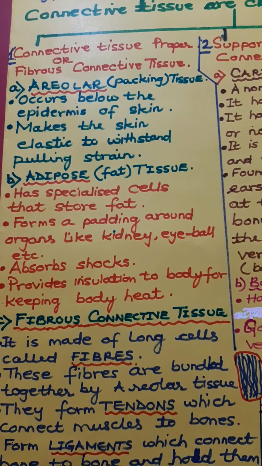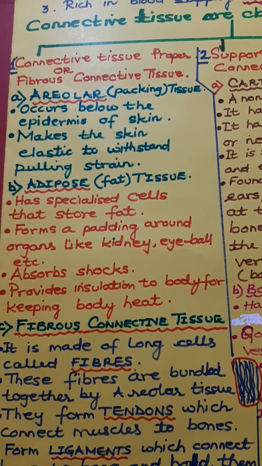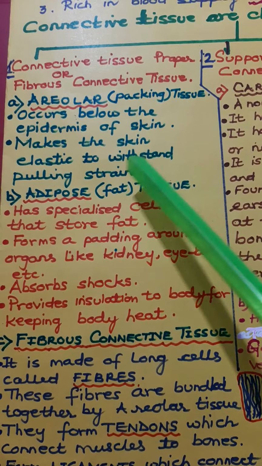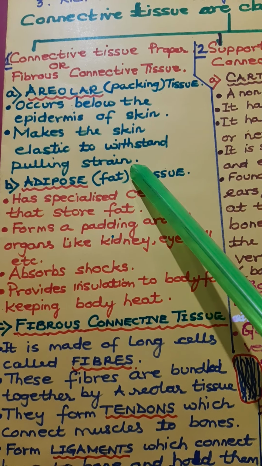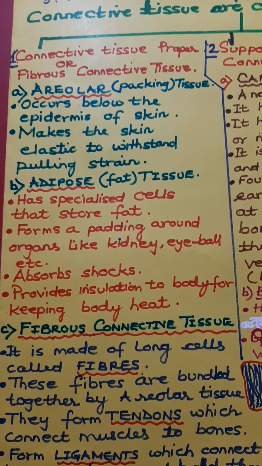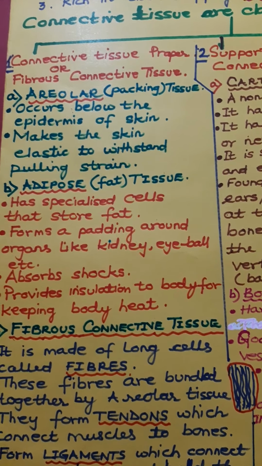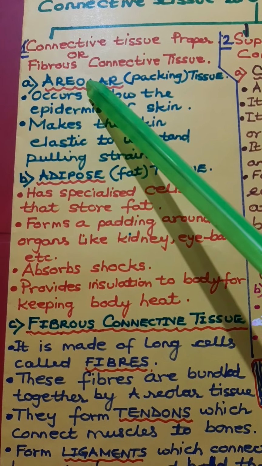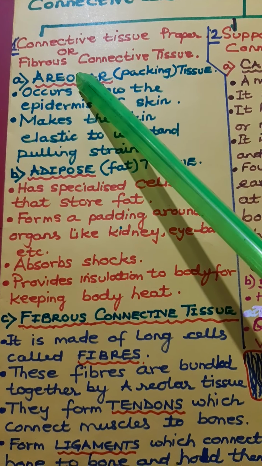Okay? When you pull your skin, it goes back. Because of this tissue, it can withstand the pulling strain. It doesn't mean that if you pull your skin, it will remain that way only. It goes back. Why? Because it is elastic, because of the presence of areolar tissue.